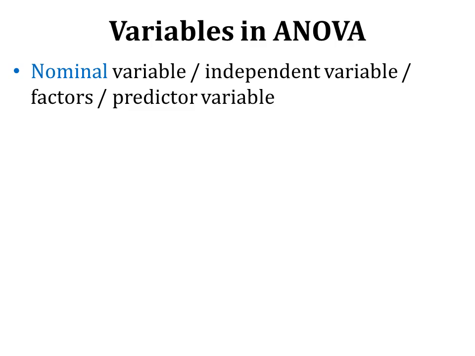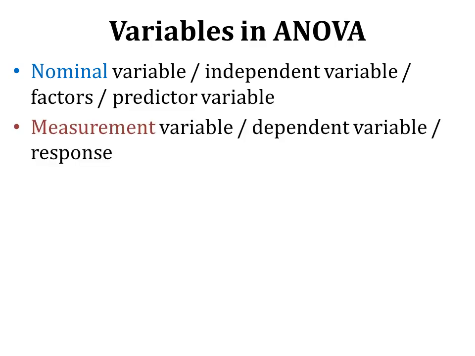The first one is the nominal variable, which is also known as the independent variable, as factors, and as the predictor variable. These are the different names for the nominal variable in ANOVA. The other type is the measurement variable, also known as the dependent variable or the response variable, right? So we have these two types of variables in ANOVA.